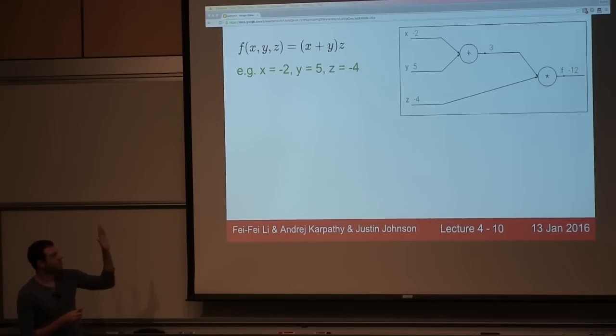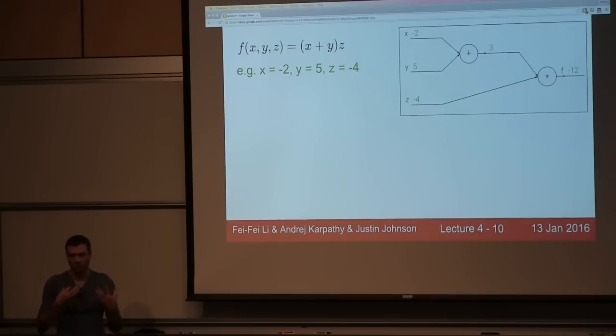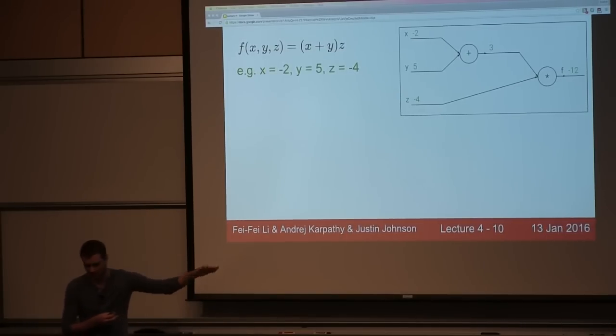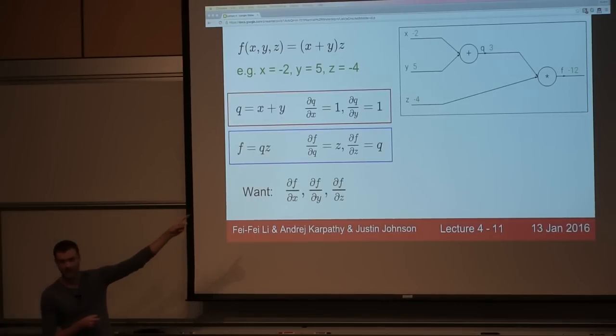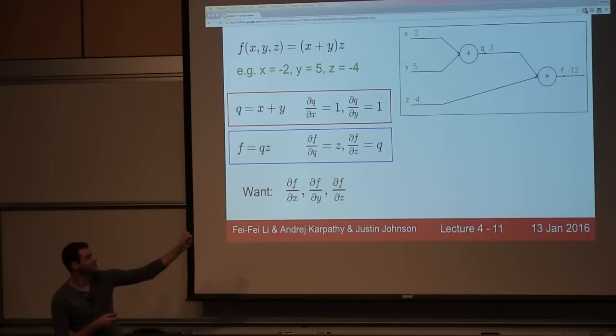Here I've already pre-filled what we'll call the forward pass of this graph, where I set the inputs and then I compute the outputs. And now we'd like to derive the gradients of the expression on the inputs. So I'll introduce this intermediate variable q after the plus gate. There's a plus gate and a times gate, as I'll refer to them.